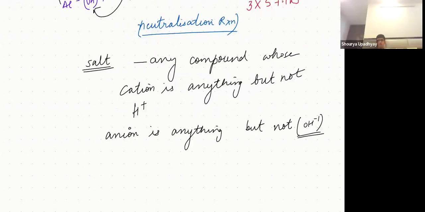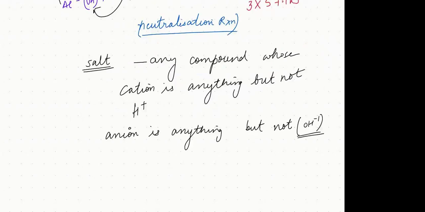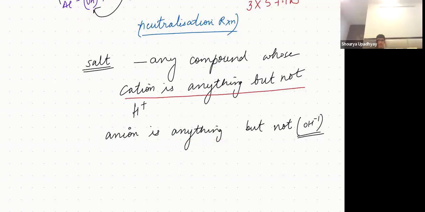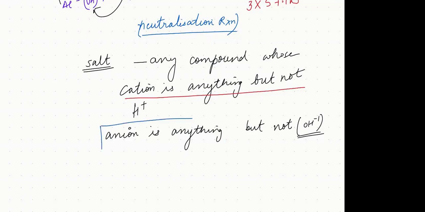Do you understand the point? Whose cation is anything but H plus, and whose anion is anything but OH negative. Are you understanding my point or not? Yes, ma'am. Right. So this you have to understand.